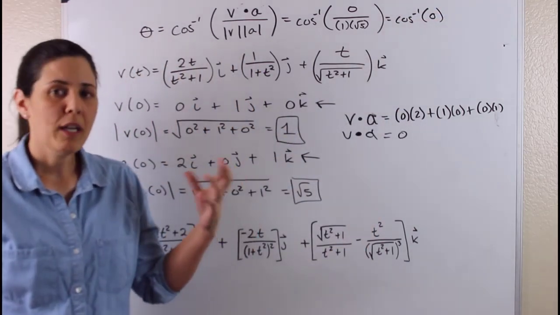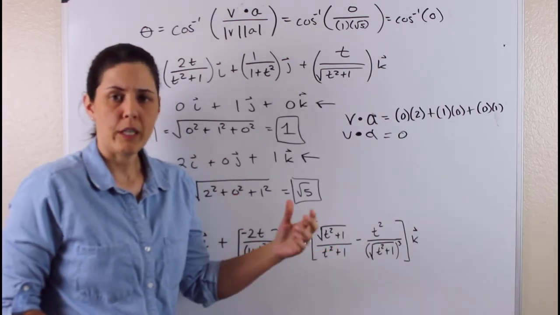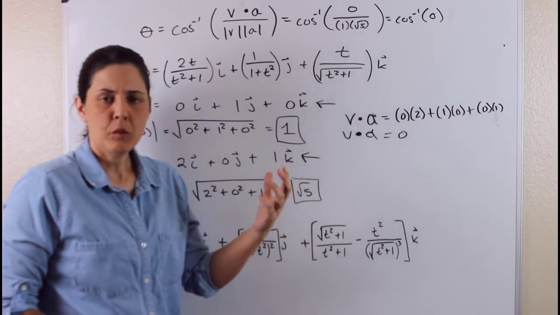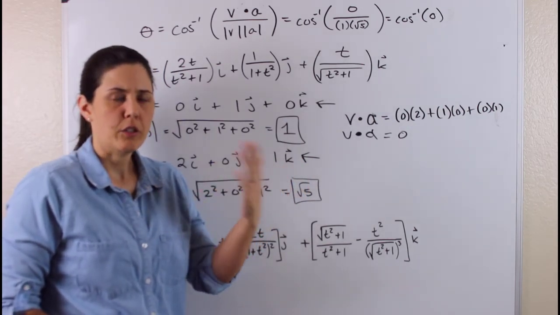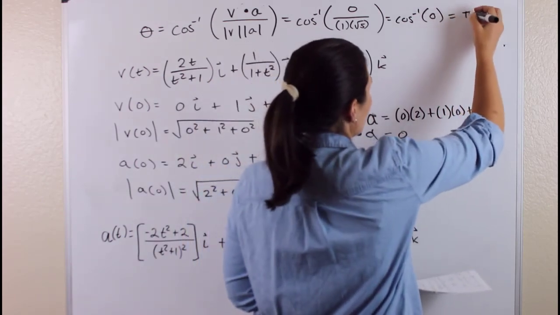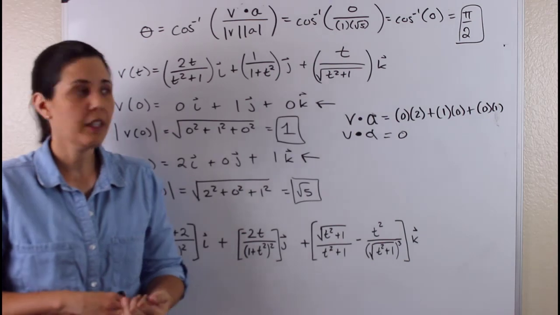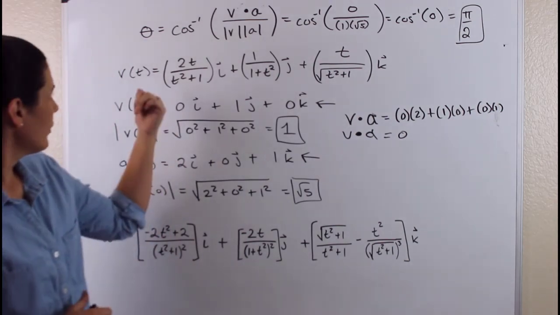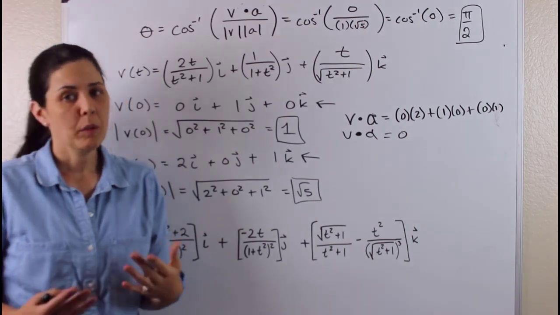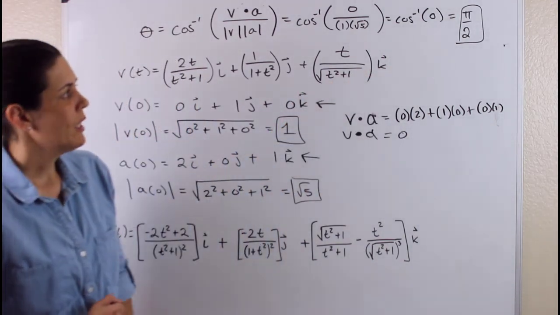You're basically saying what angle gives you a cosine value of 0. If you remember how inverse trig functions are defined, for inverse cosine it's the angle between quadrants 1 and 2. And so cosine is 0 at pi over 2, or 90 degrees. So these two vectors for this function, the velocity and acceleration vectors, happen to be perpendicular because the angle between them is pi over 2, or 90 degrees.